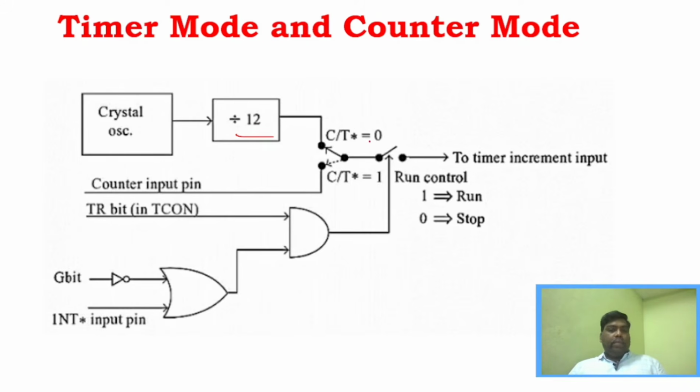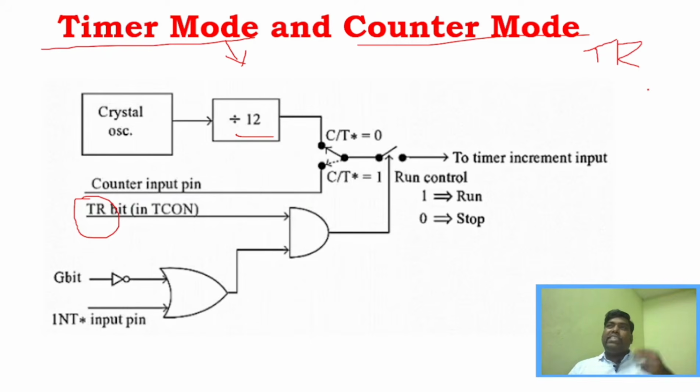And here you can see that we have a switch, and we have the counter input pin. I have said that whenever it uses the internal clock cycle, it works in timer mode, and whenever we use the external clock cycle, it works in counter mode. So look at this diagram. By now you understand the TR bit. The TR bit is one important bit in the TCON register, the TR bit in the TCON register.